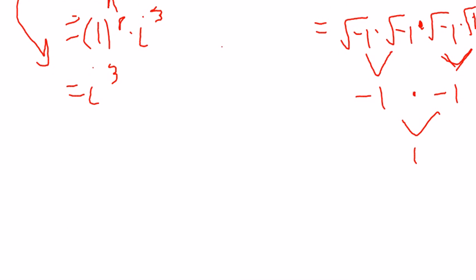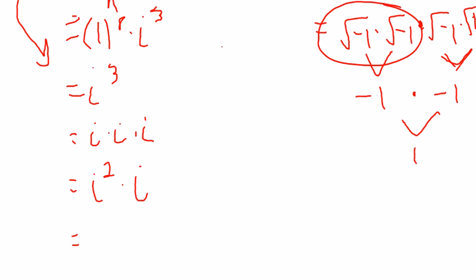From here, this is i times i times i, and there's lots of ways to think about this. Actually, I'm going to do this a little bit differently. Hold on. That is i squared times i, which I kind of just did the work for i squared here, but I'll do it again. i is root negative 1.